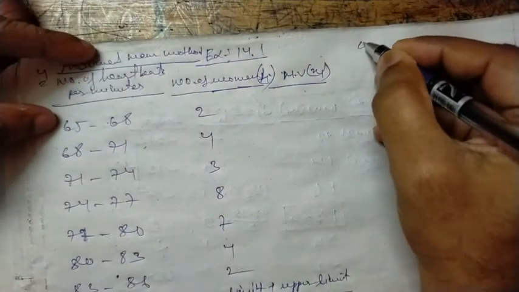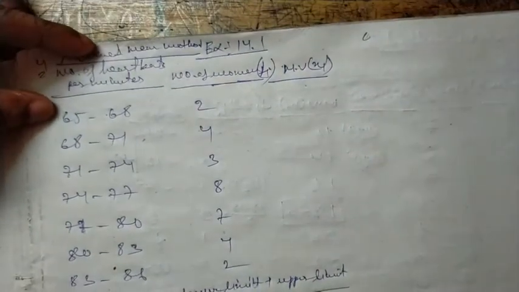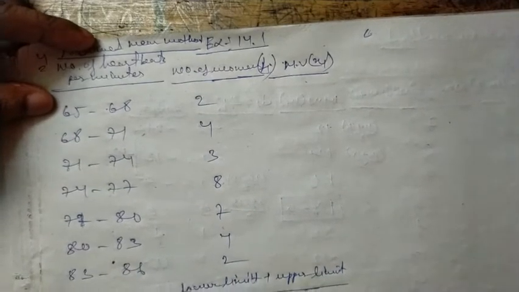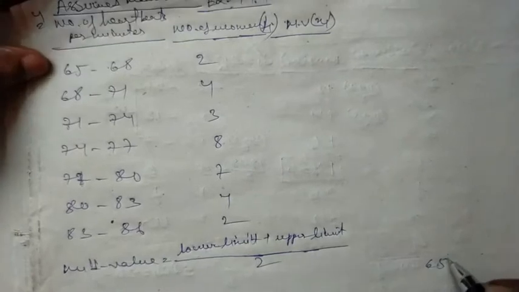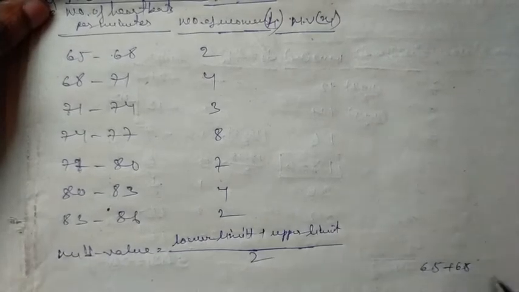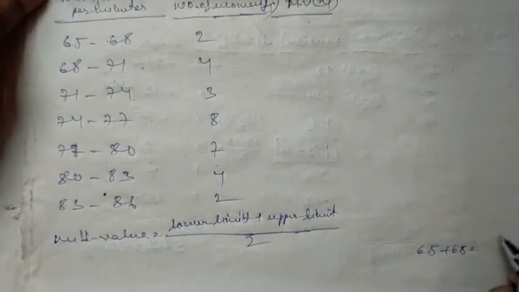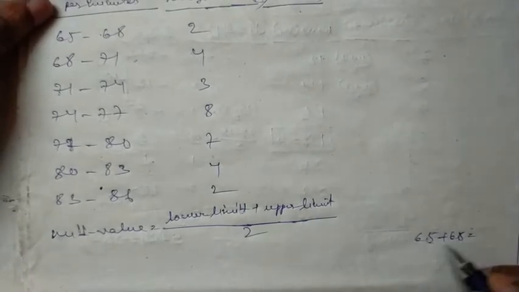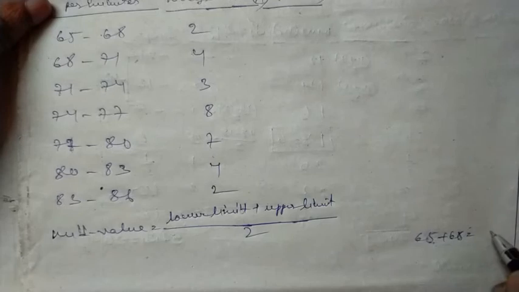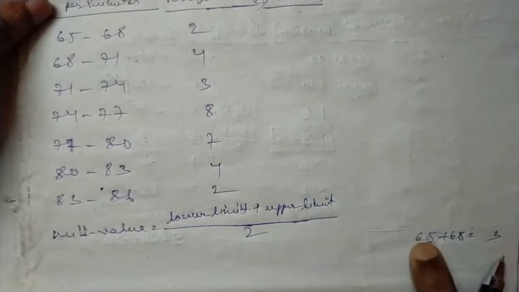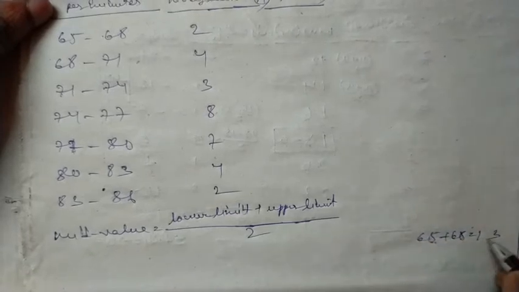So we have to calculate this. 60 and 65 here, we can calculate, right? 65 plus 68, what will we get? 8 plus 5 is 13, 1 carry, 6 plus 6 is 12, 13.